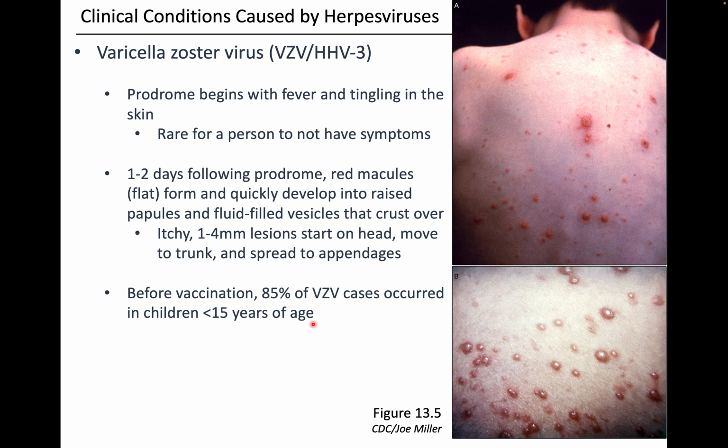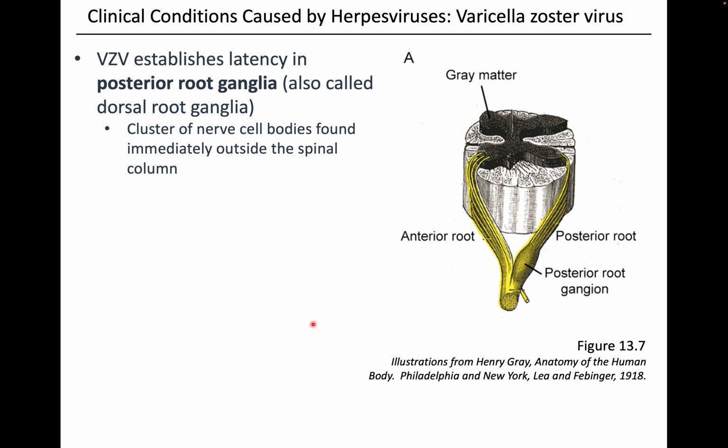So a lot of times, if one kid was sick, friends of theirs, their parents actually encouraged them to go play with the infected kid to catch chickenpox and get it over with. Sounds a little crazy, but that's the way it was.